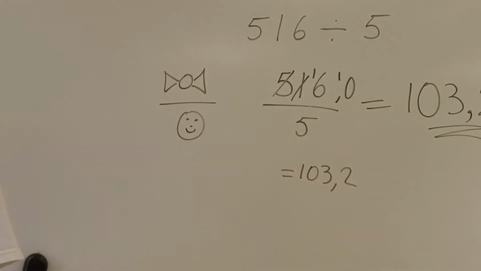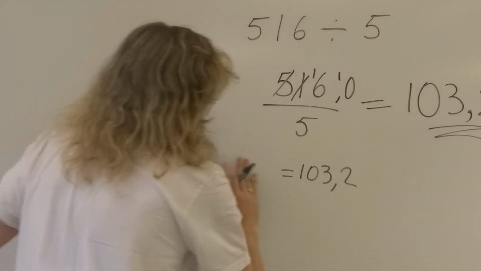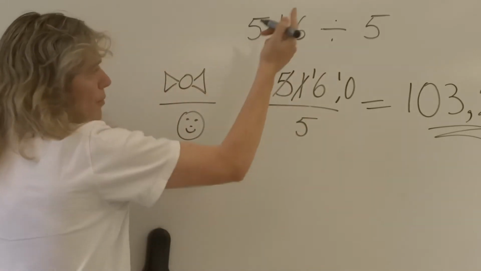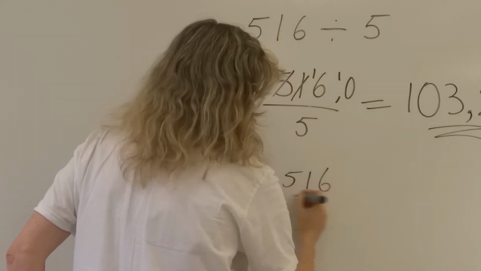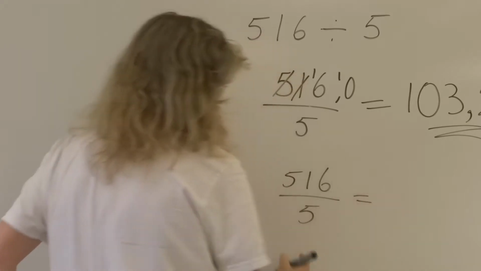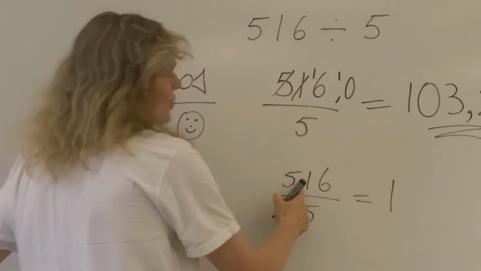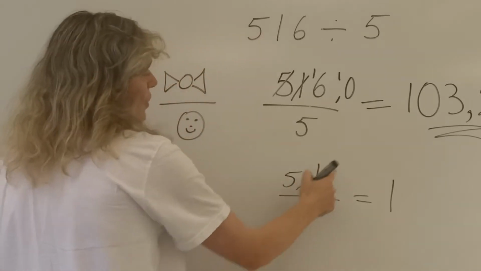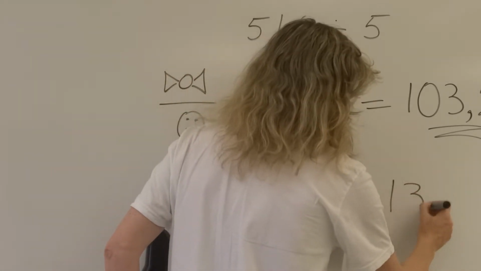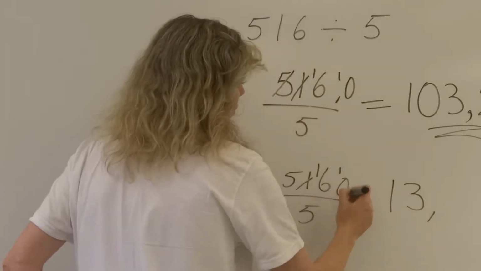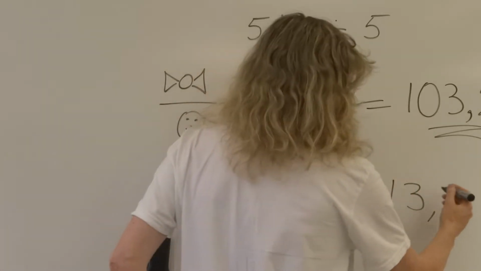The most common mistake that I see you do in this type of division, and I would say it happens 1 in every 10 children, is that you do this. You say, perfectly right with the first one, 516 divided by 5. 5 goes into 5 1 time, 5 goes into 1, it doesn't go at all, move it over there, 5 goes into 16 3 times, and 1 left over, and you do the rest of the division perfectly, and 2.